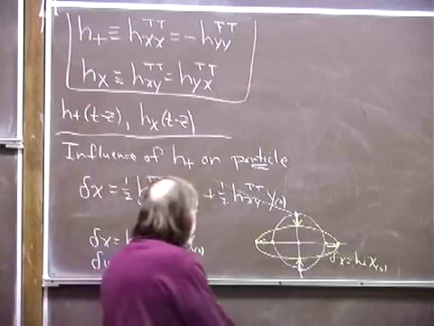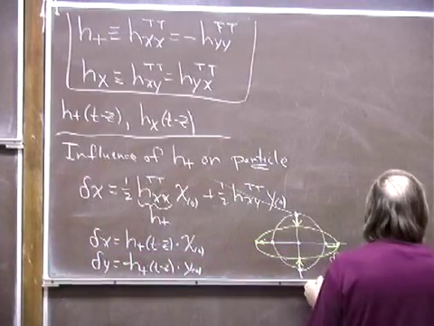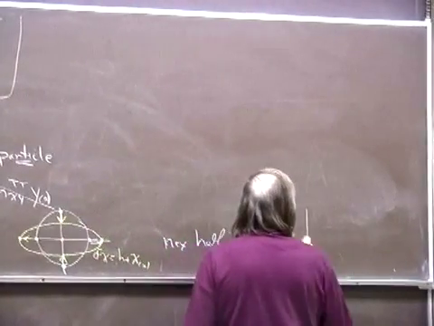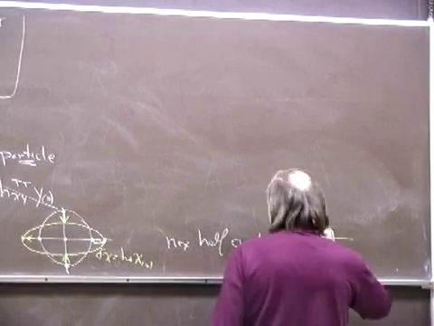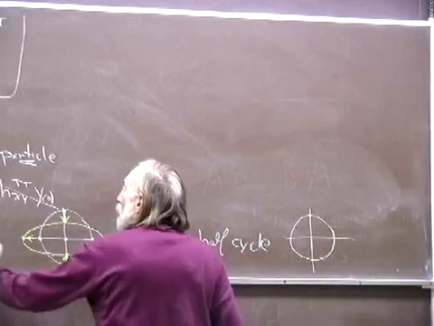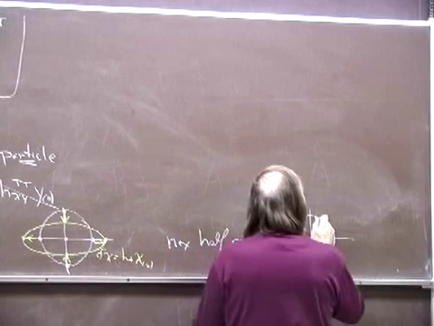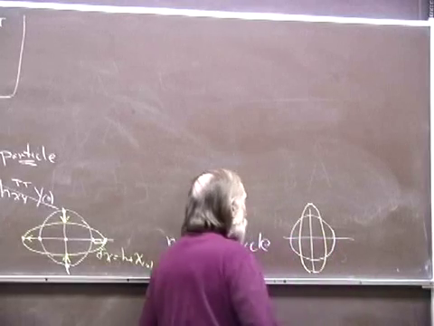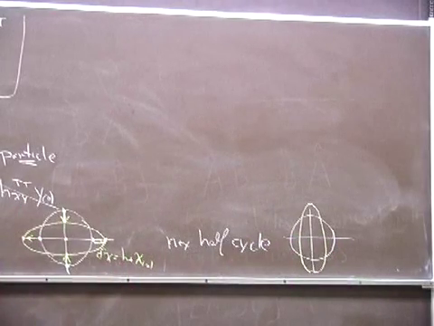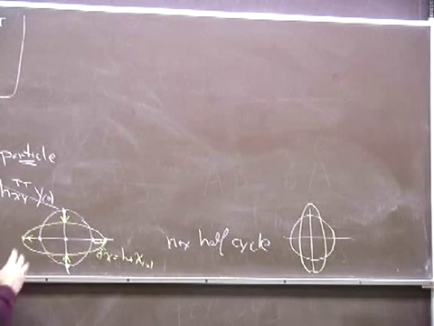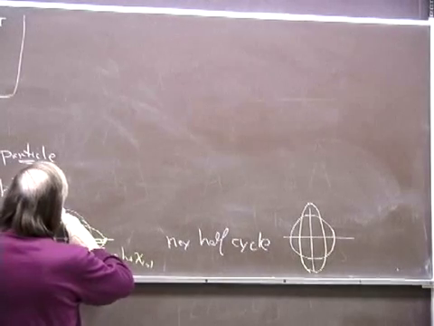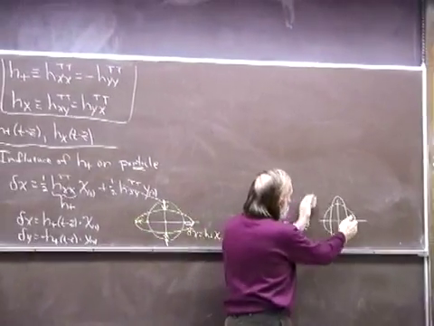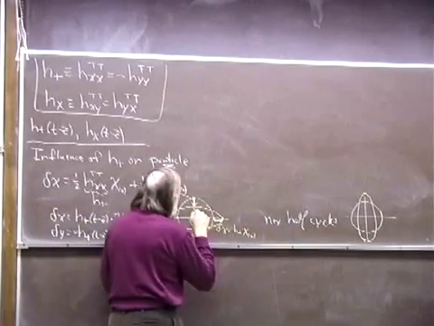And at the next half cycle, because h plus will just flip sign, this initially circular ring of particles is going to be on an ellipse that is elongated in the opposite direction. So as the wave passes, an initial circular ring of particles will alternately get stretched horizontally and squeezed vertically, then stretched vertically and squeezed horizontally, where I've chosen the z direction to be into the board.